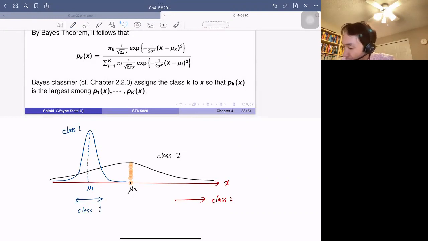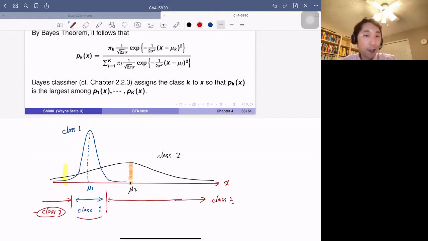And from here to here, class 2 has higher density. If you compare at this point, the black one is above the blue one. So class 2 for values less than this value, class 2 for values more than this value, and in between, class 1. This is actually a problematic classification rule.